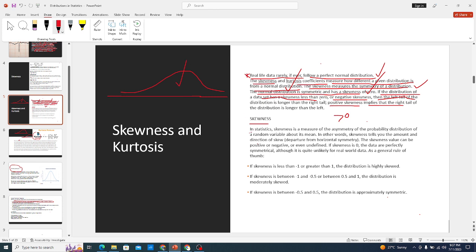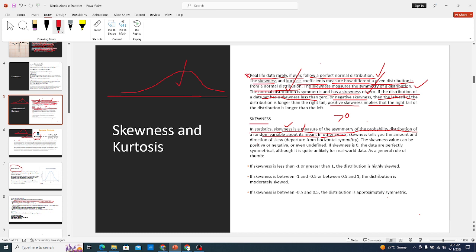In statistics, skewness is a measure of asymmetry of the probability distribution of a random variable about its mean.